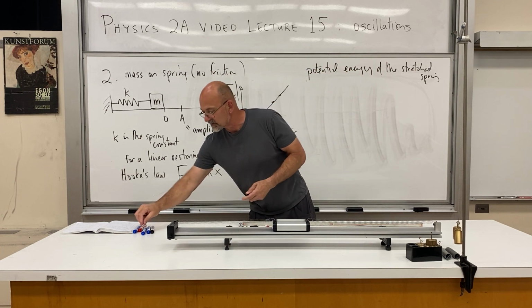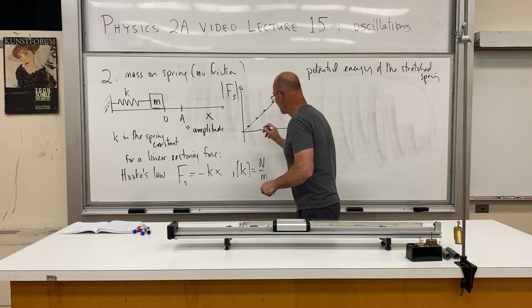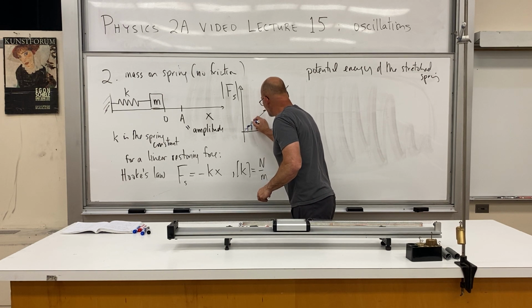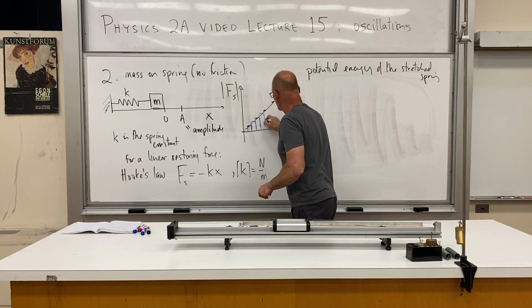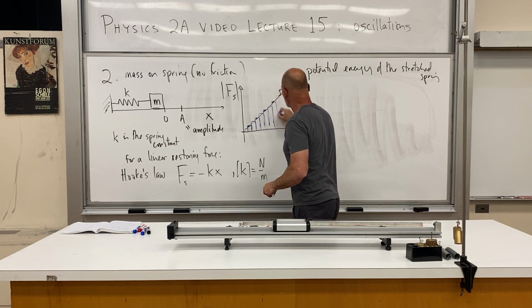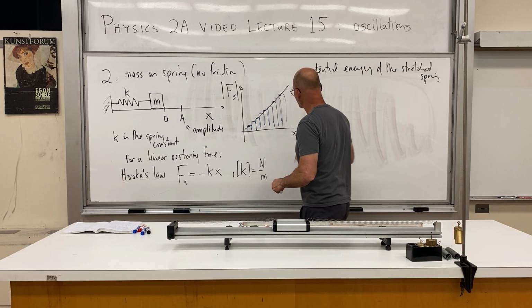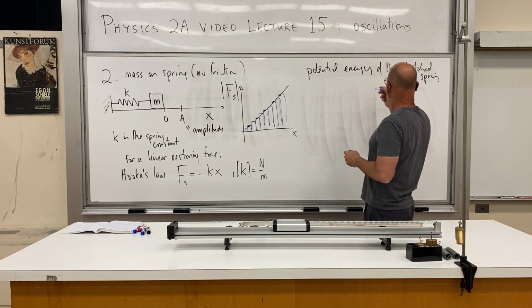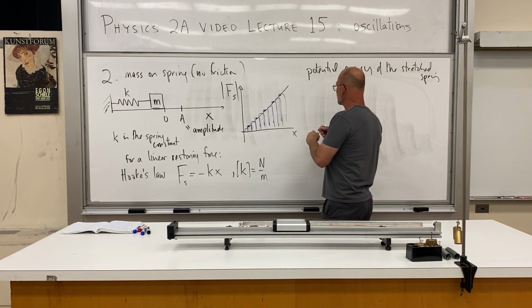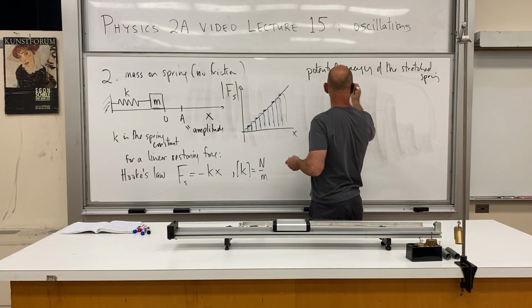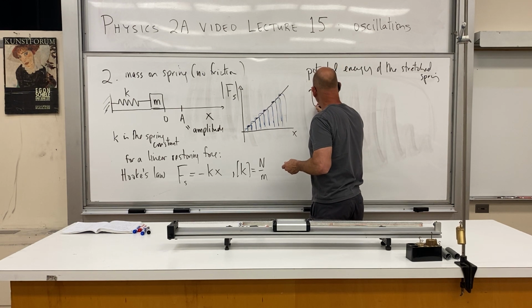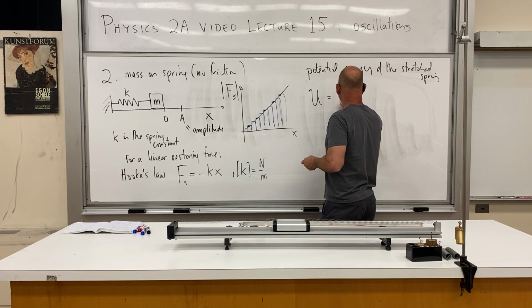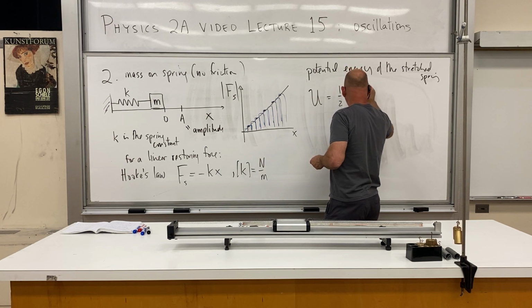Here, we've got some colors to mix it up with. If I add up all those little increments of work, it's always a little force times a little delta x, then it's the area under the curve. So potential energy of the stretched spring, area under the curve, which is say area under the straight line, and that would be potential energy equals 1/2 kx squared.